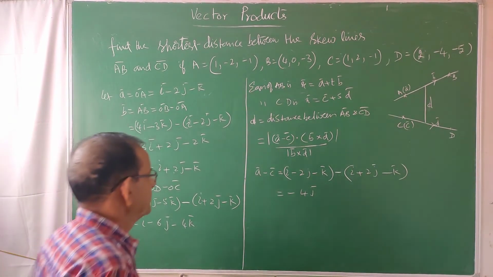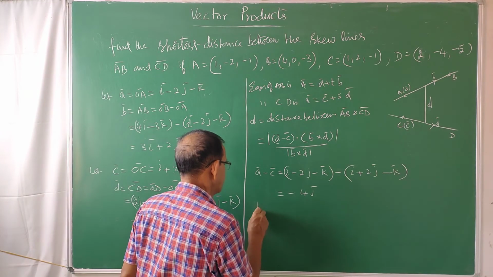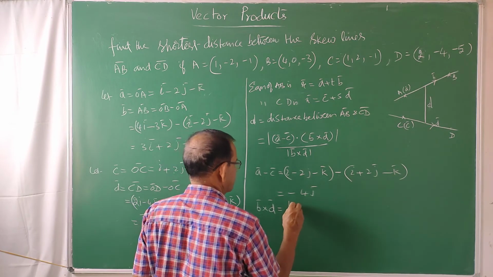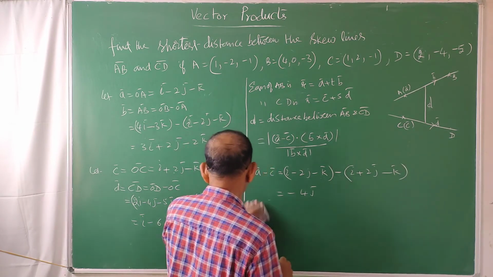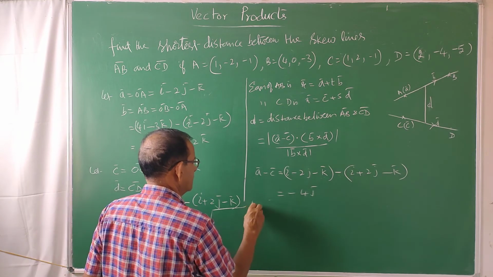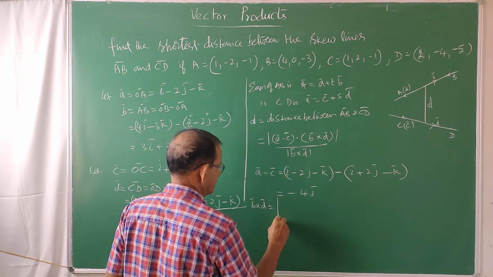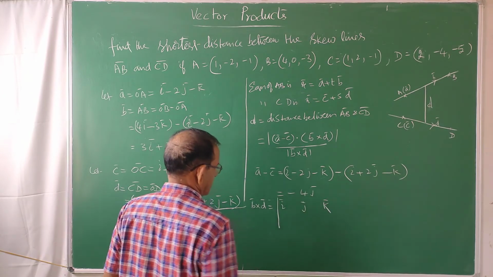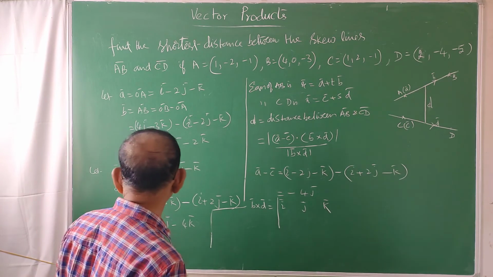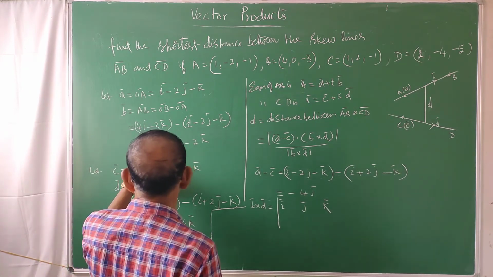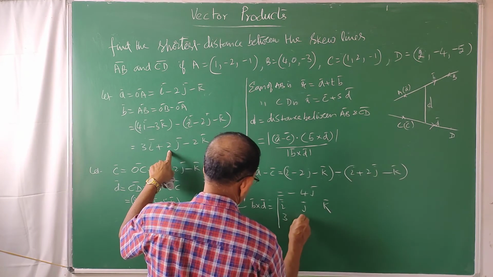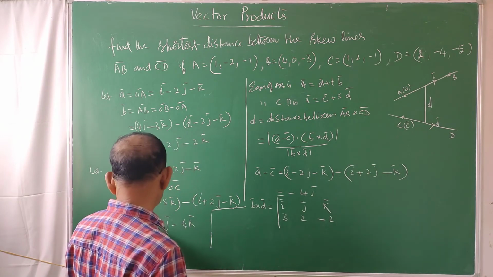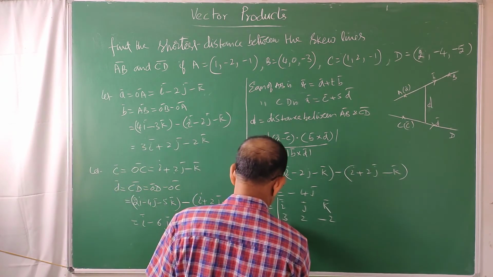Next we have to find B cross D. B bar cross D bar is the determinant of I, J, K; first the B bar coefficients, B bar is 3, 2, minus 2, and D bar is 1, minus 6, minus 4.